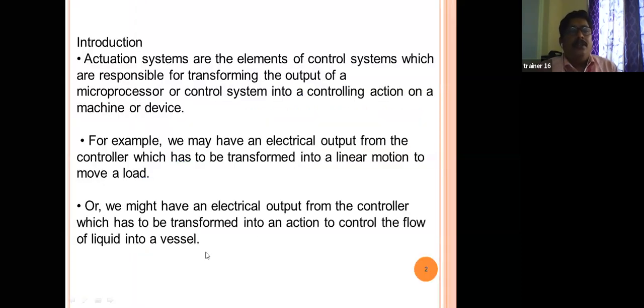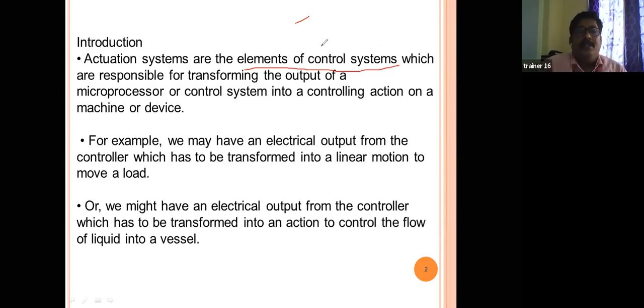Next we will go for this. Here, this actuation system, in other words, we can call this an element of a control system. Actuation system is nothing but an element of a control system.